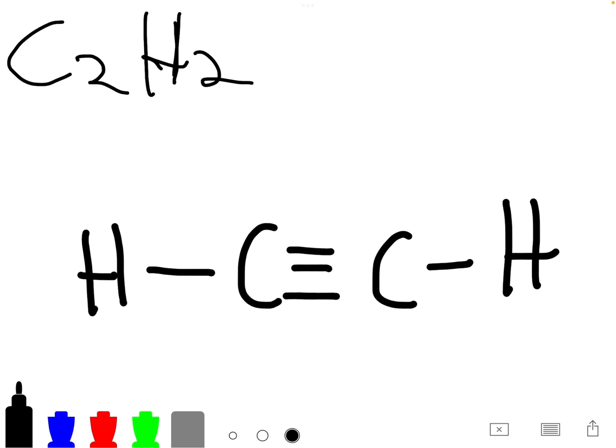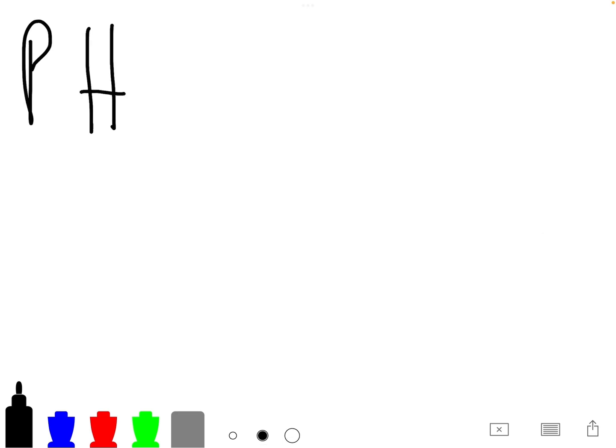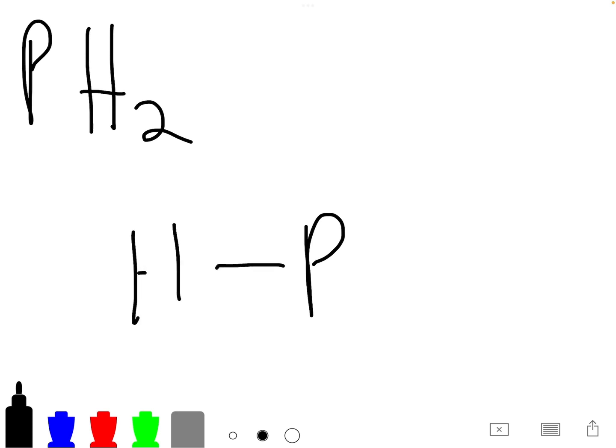The next one, H2. So this is just going to look like this. P in the middle, and then the two hydrogens, like this.